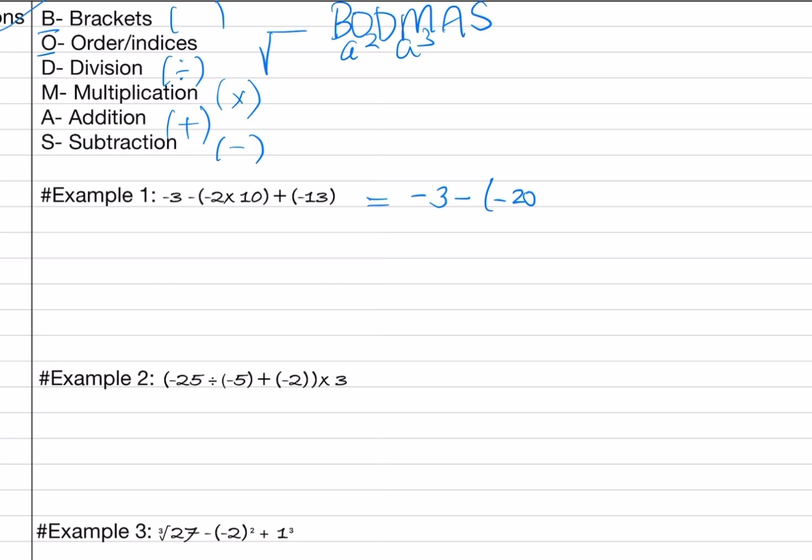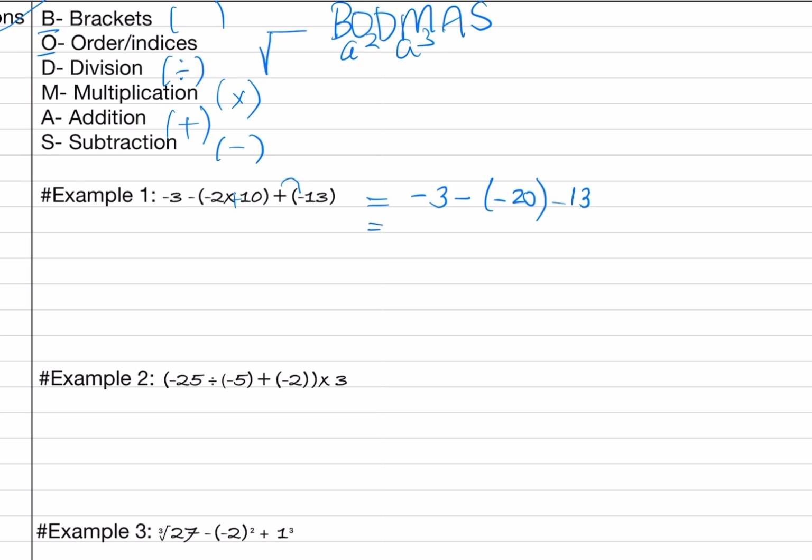And remembering our plus and minus signs from the earlier examples, we're just going to imagine there is an invisible plus. So it gives us minus 10, minus 20. And then the plus and minus multiply.